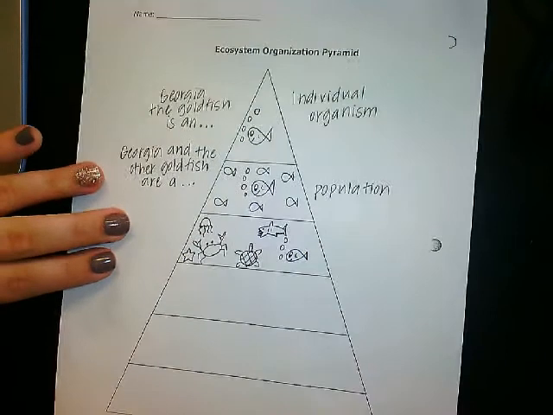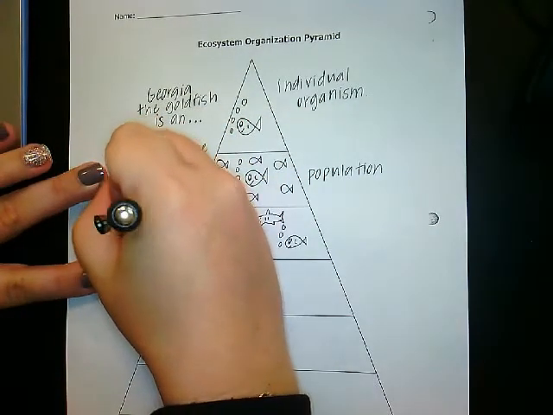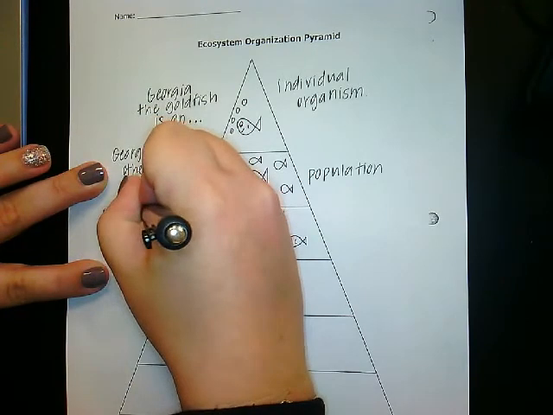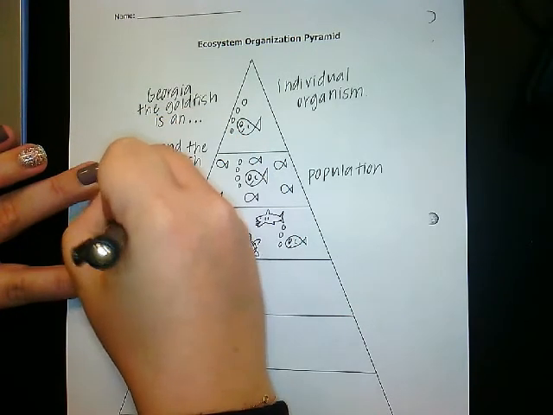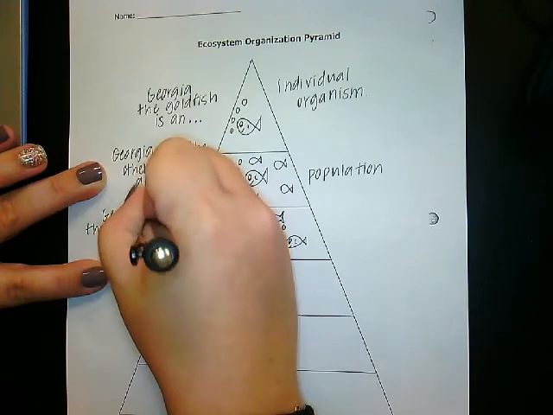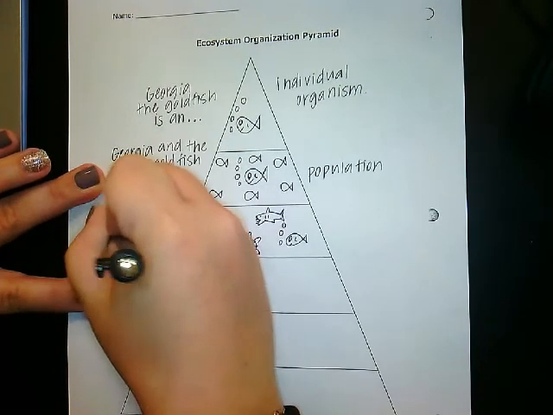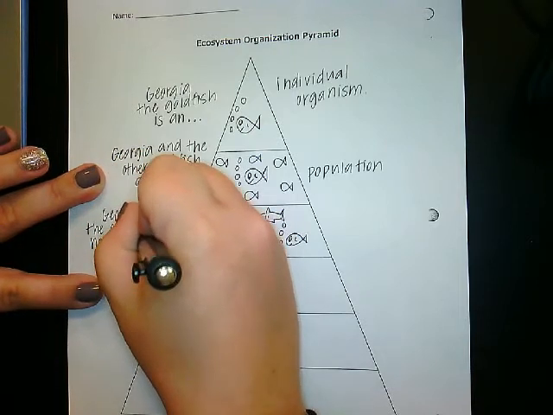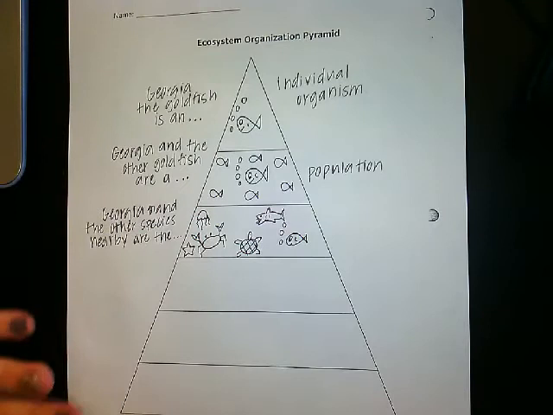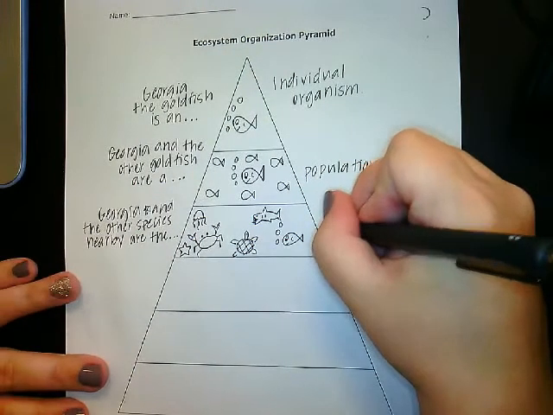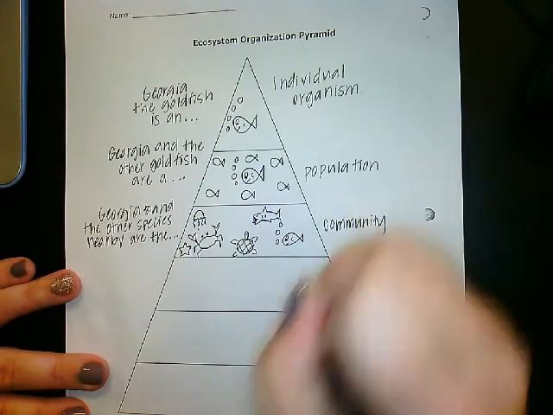Okay. So, off to the side we are going to write Georgia and the other species nearby are the... You might have guessed, community.